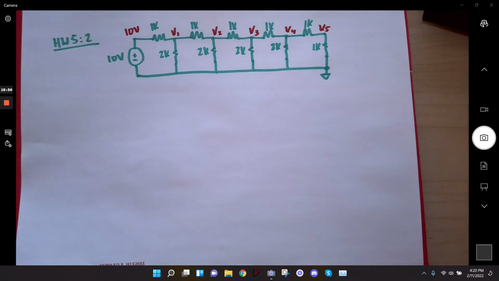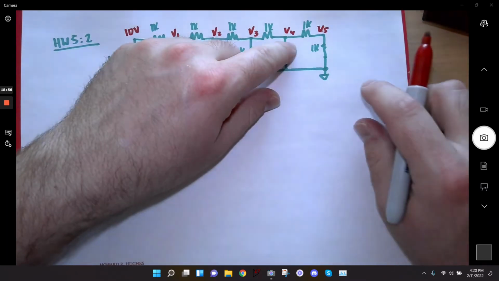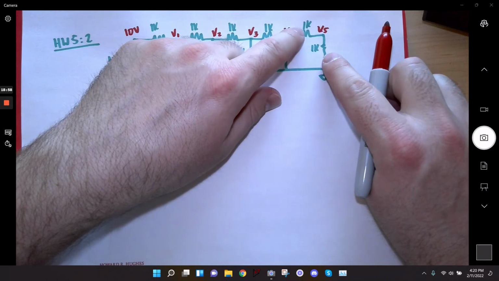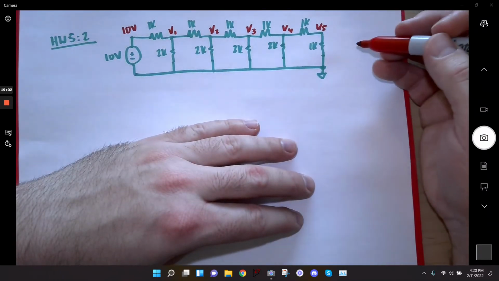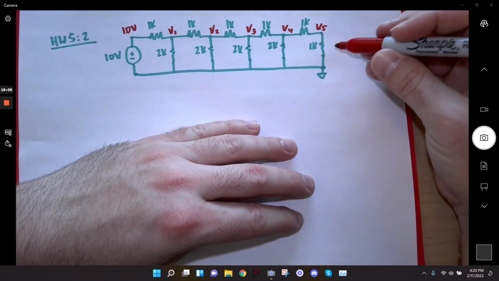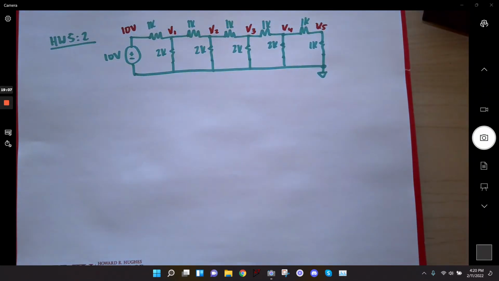However, another way to solve this is by using equivalents, right? The first thing you would notice is that this 1K and this 1K are in series, so you could combine those to make an equivalent resistor, which would be a 2K. So let's go back to the teal marker.